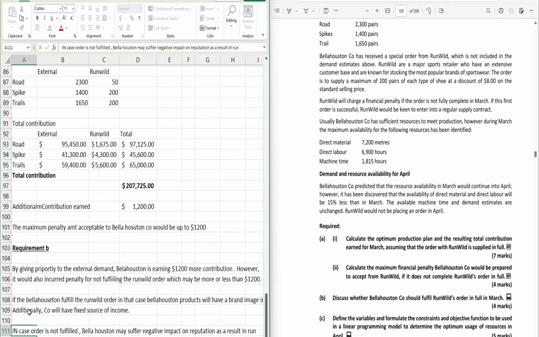As a result, Run Wild may spread bad news that BellaHouseton is not trustworthy to other customers.